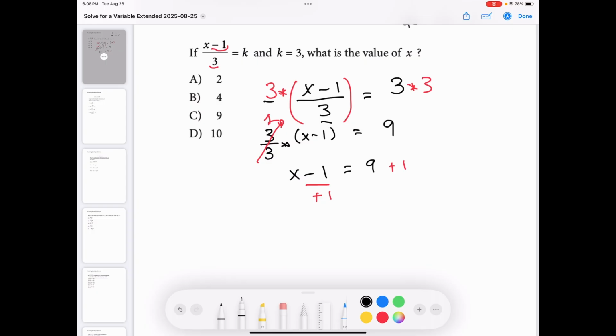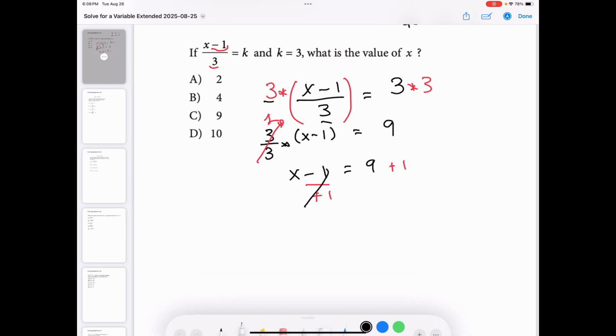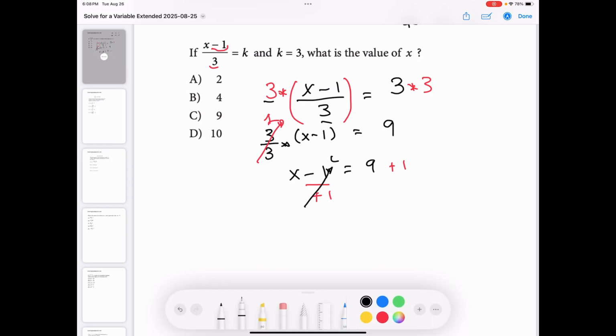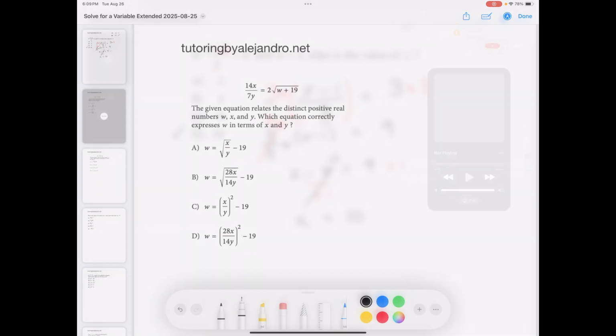And -1 plus 1 is equal to 0, right? Okay. That means I got rid of the -1 and I'm left with x. And on the right side, I have 9 plus 1 equals 10. Okay, that means that our answer in this case is D. Okay. All right. Perfect. Good start. Let's move on to the next one.